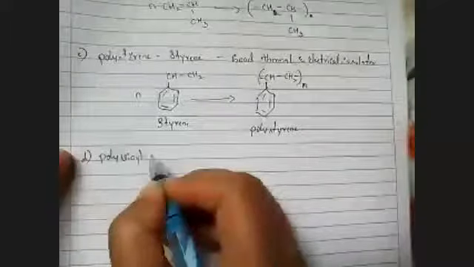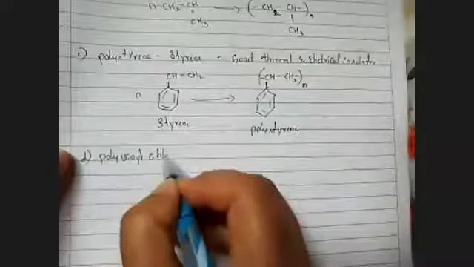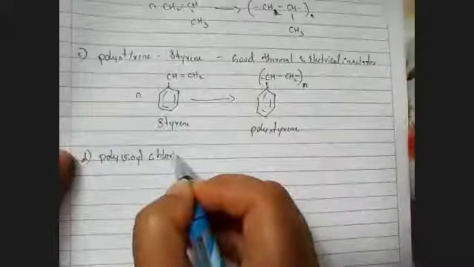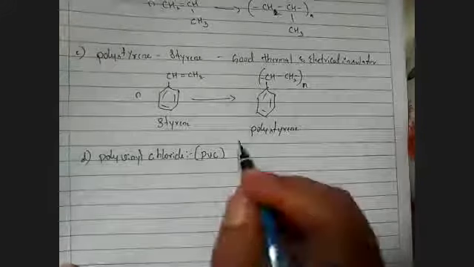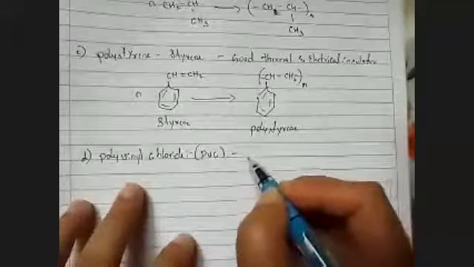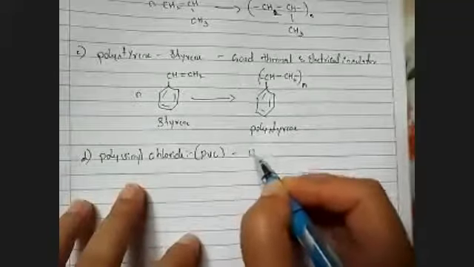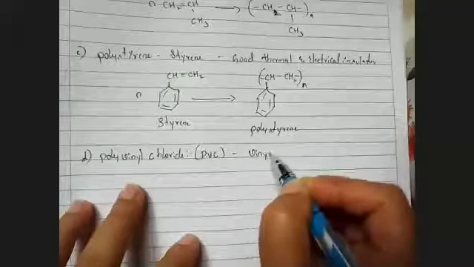Next, polyvinyl chloride, PVC. The monomer of polyvinyl chloride is vinyl chloride.